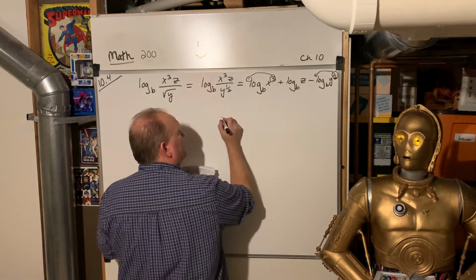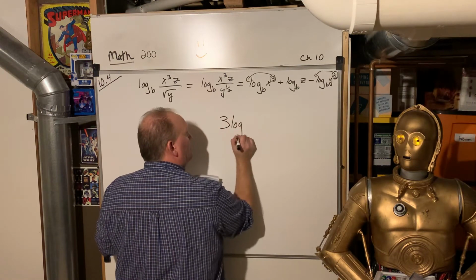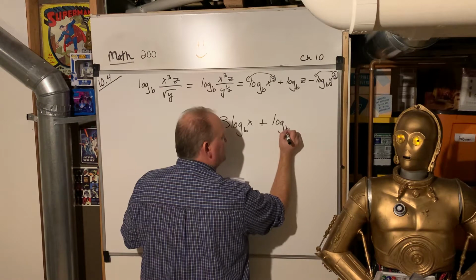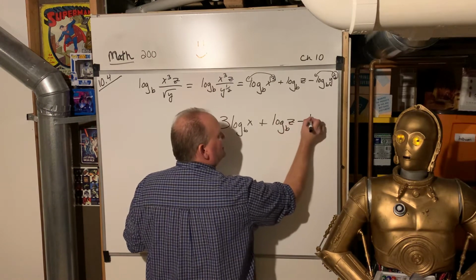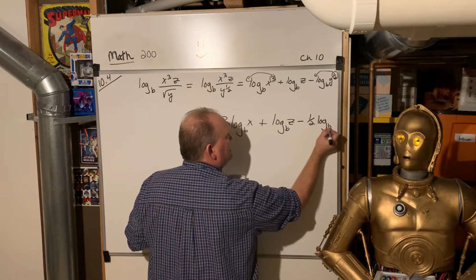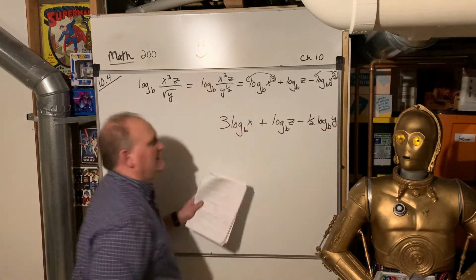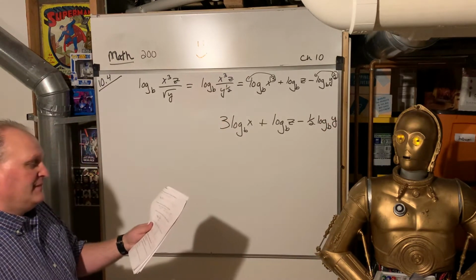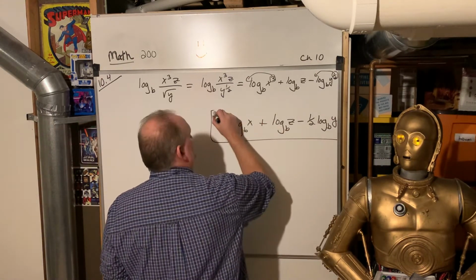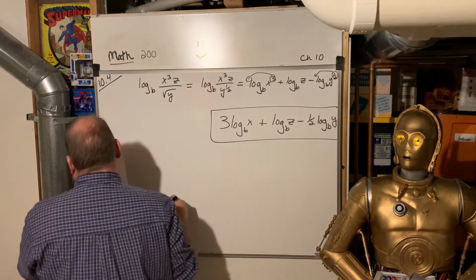And so here's our final answer: 3 log base b of x plus log base b of z minus 1/2 log base b of y. Quite a lot.